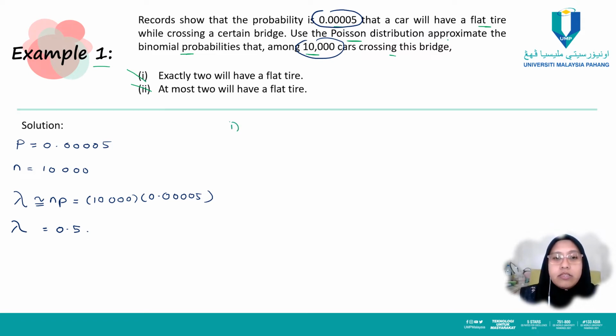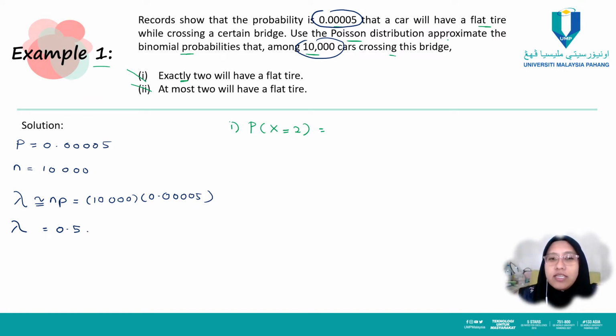The question asks for exactly 2 will have a flat tire. That means the question asks you to find the probability that X is equal to 2. So what is the formula for the Poisson distribution approximating the binomial distribution?